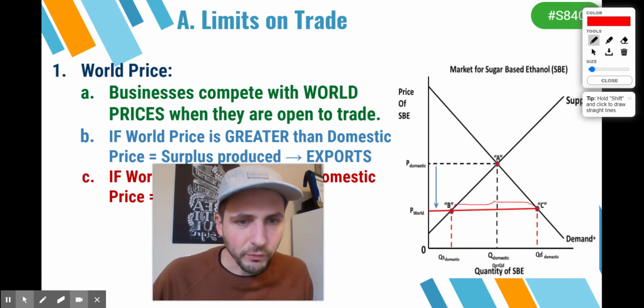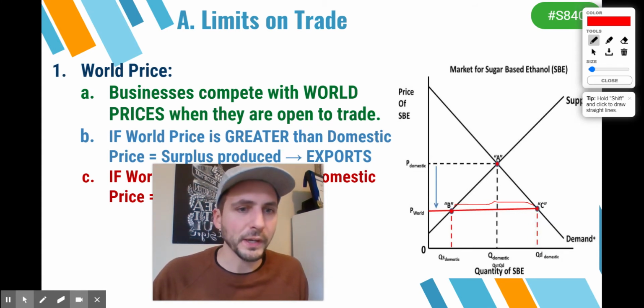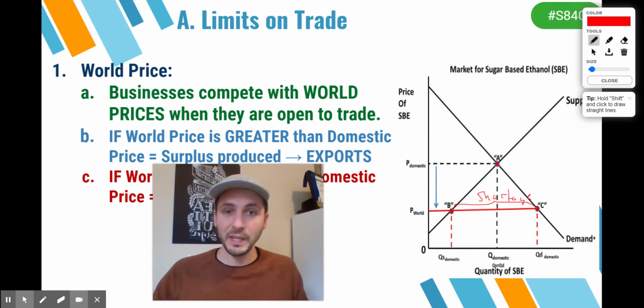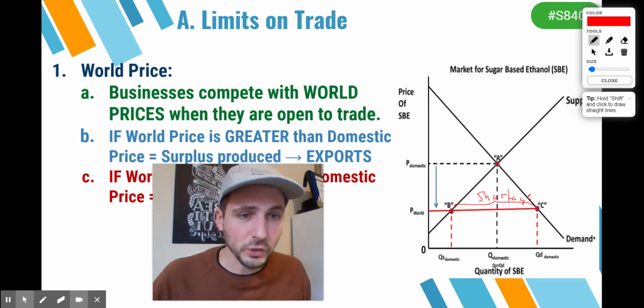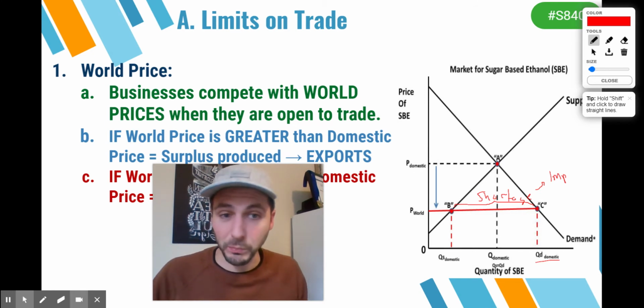We have very low domestic supply and very high demand, and so that creates a shortage. What do we do to fulfill that shortage? Well, unlike a price ceiling where that shortage persists, in international exchange, a shortage results in imports. We will import to satisfy that domestic demand. In other words, our shortage equals the quantity that's imported.